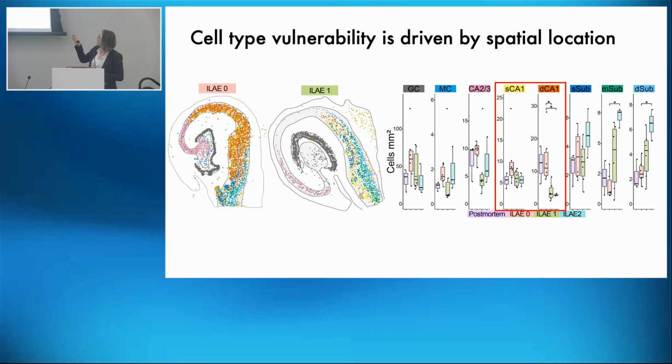Superficial CA1 cells tend to sit close to the subiculum, as you see with these yellow cells here. So we think that cell vulnerability is not just driven by cell type, but by spatial location, likely because of network connectivity within a specific region of the hippocampus.